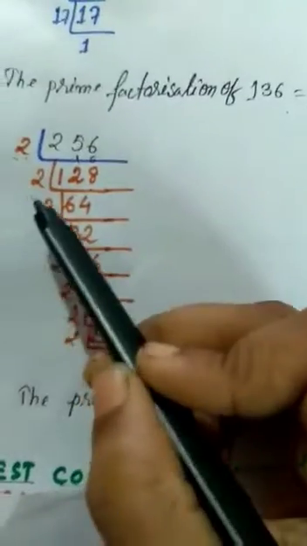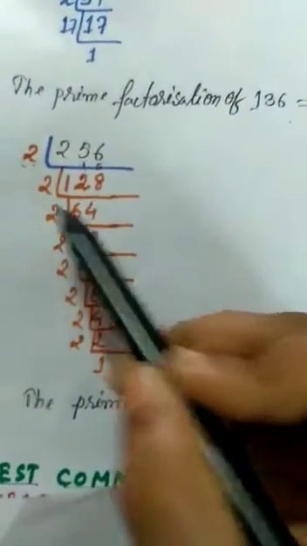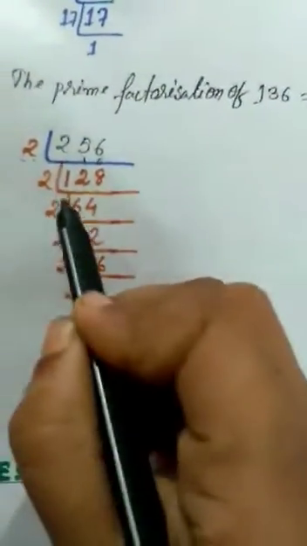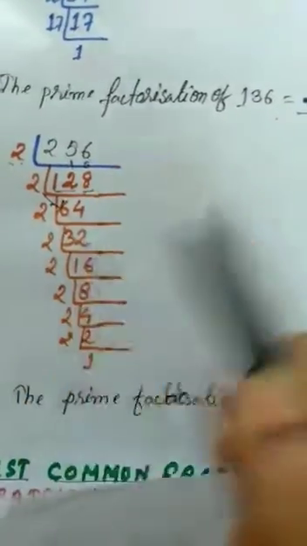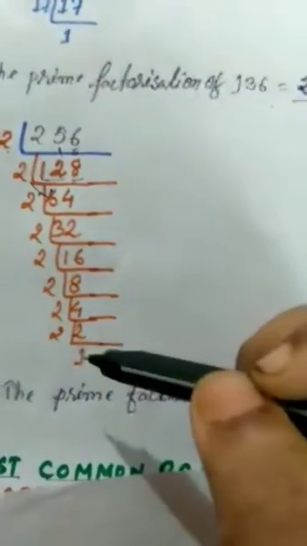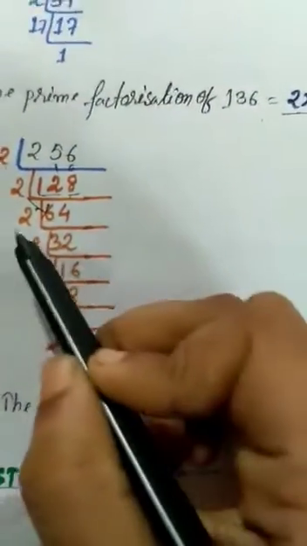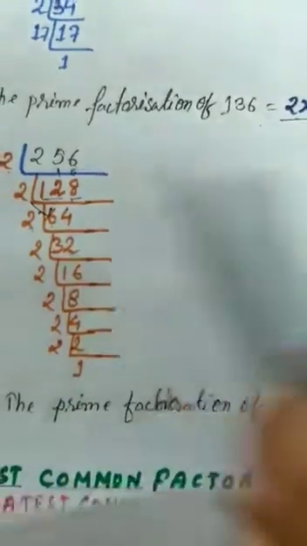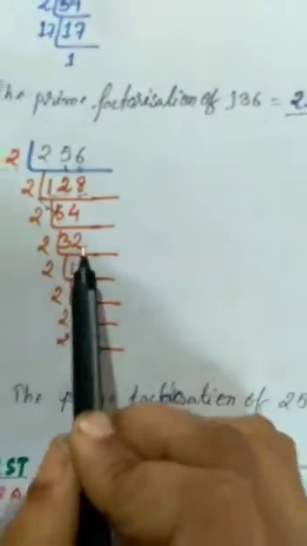Fine. So now 2 6s are 12 and 2 4s are 8. You can multiply and check this. As the multiple is coming, then it is dividing also. Alright, now 2 3s are 6 and 2 2s are 4. Same way 2 16s are 32. So if you divide here, 2 8s are 16, 2 4s are 8, now 2 2s are 4 and 2 1s are 2. Fine children.